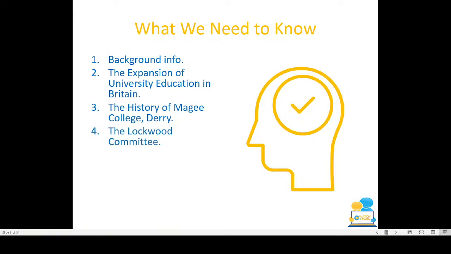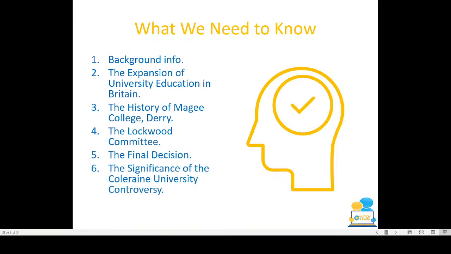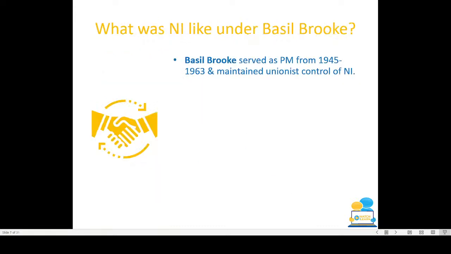We'll look at the formation of the Lockwood Committee, what they were looking for, and once again, the controversy that arose around it. We'll look at the final decision, and then the significance of the controversy in the wider context of Northern Irish history.